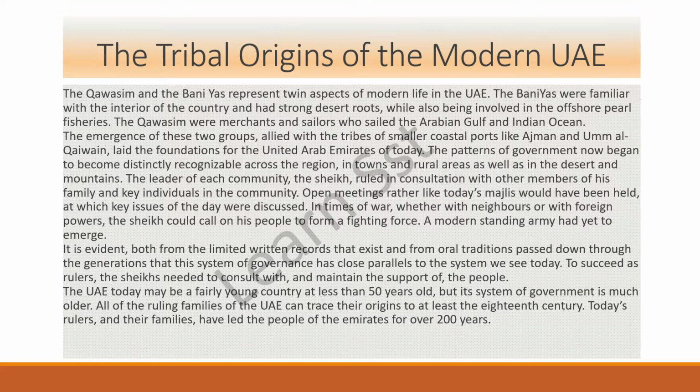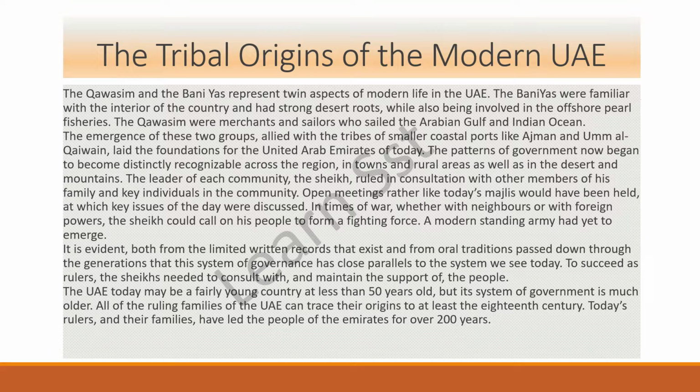Tribal origins of the modern U.A.E. The Qawasim and the Baniyas represent twin aspects of modern life in the U.A.E. The Baniyas were familiar with the interior of the country and had strong desert roots, while also being involved in the offshore pearl fisheries. So here we have the Qawasim and the Baniyas tribes.